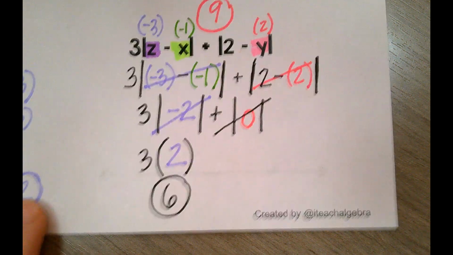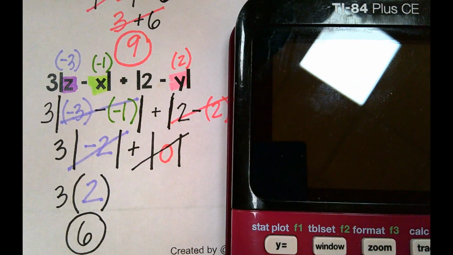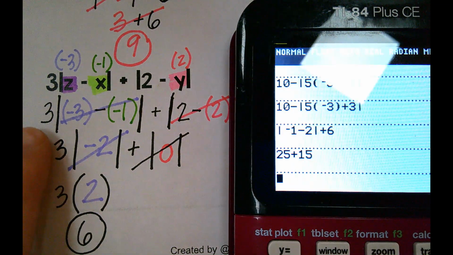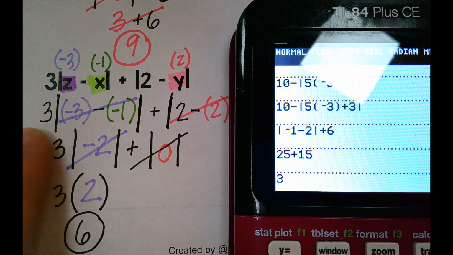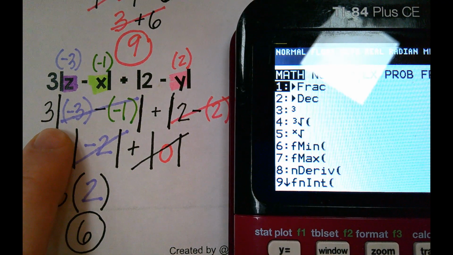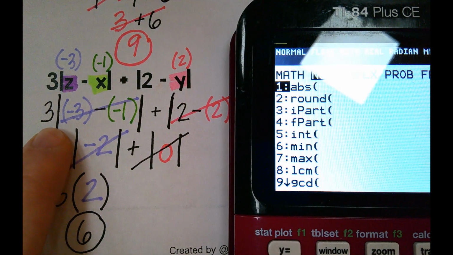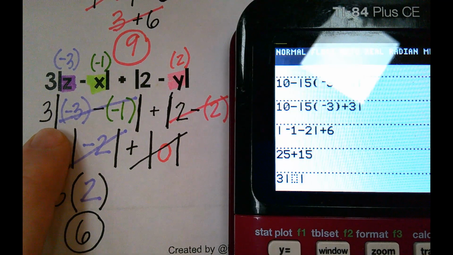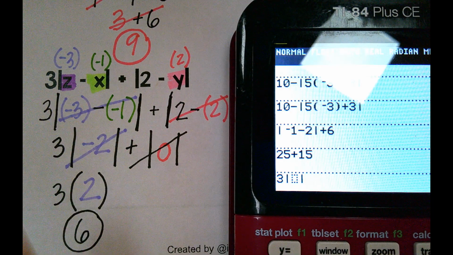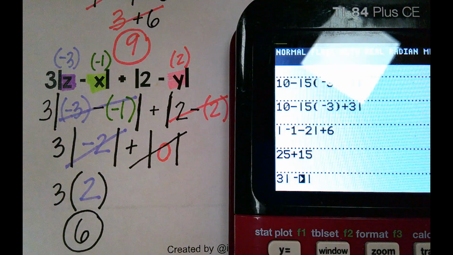Okay, so let's see if we can do that on the calculator too. First, I have 3. Then I have absolute value bars. So, math, number, absolute value. Now, inside here, I'm typing -3 minus -1. -3. Okay. Minus -1.